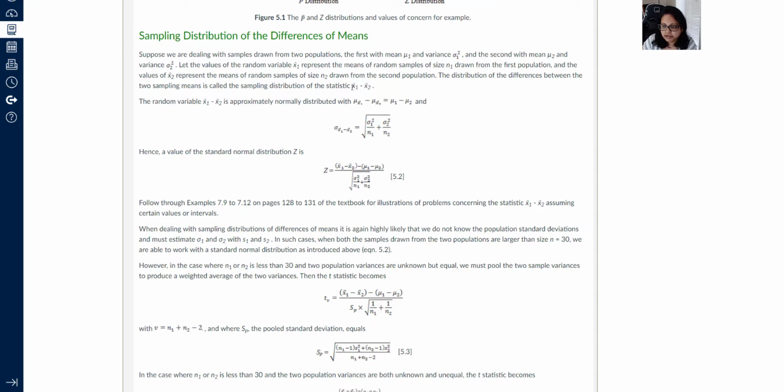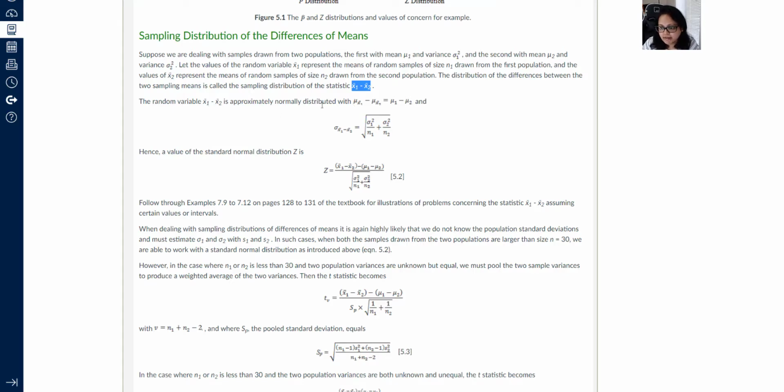Be careful when you do that, because sometimes in the question we are saying the difference between the first minus the second population, the sample difference maybe, or maybe the population difference. So which one is first, which one is next? Otherwise you will get negative values or positive values, and that's not what we are asking for.